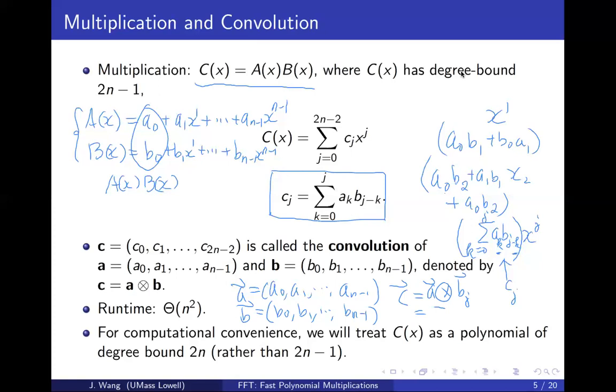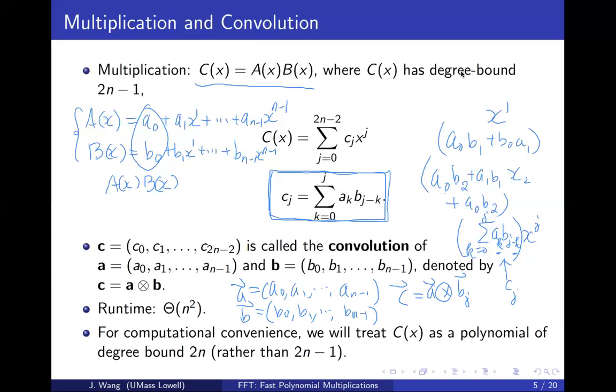The j-th element of this vector C is in this form. So this is called convolution.